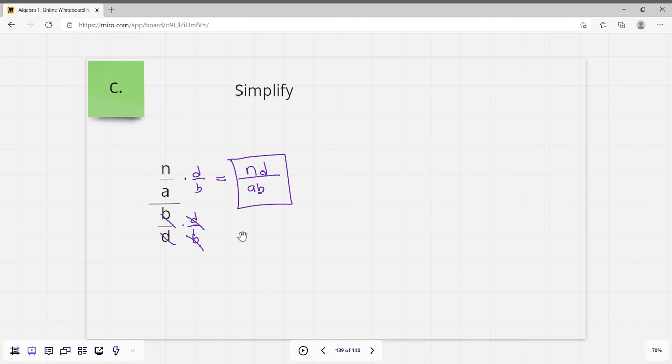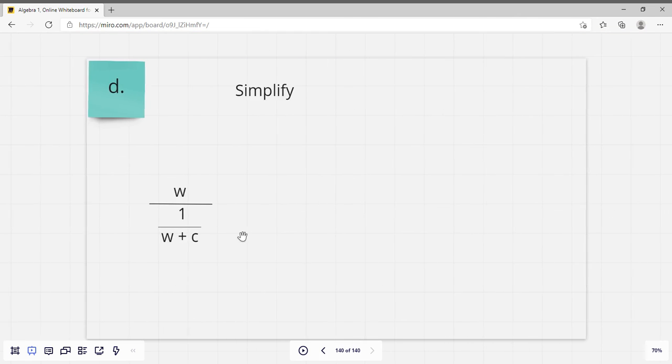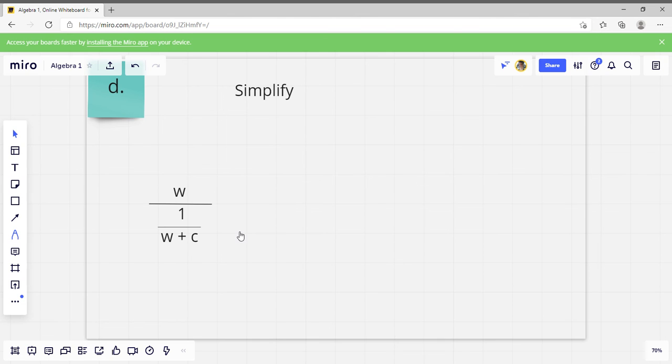All right, and one more. This one's the trickier one because we have to put this w over 1. So we're going to say w over 1 divided by 1 over w plus c. Now we're going to flip our bottom, w plus c over 1. Same thing on the top, w plus c over 1.